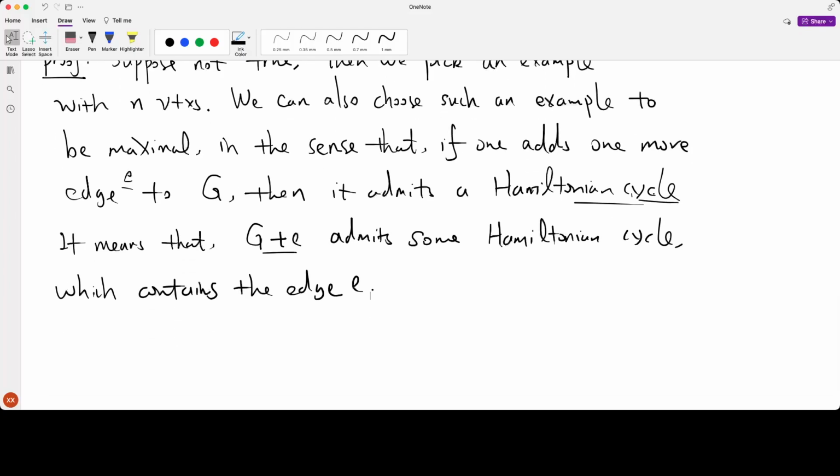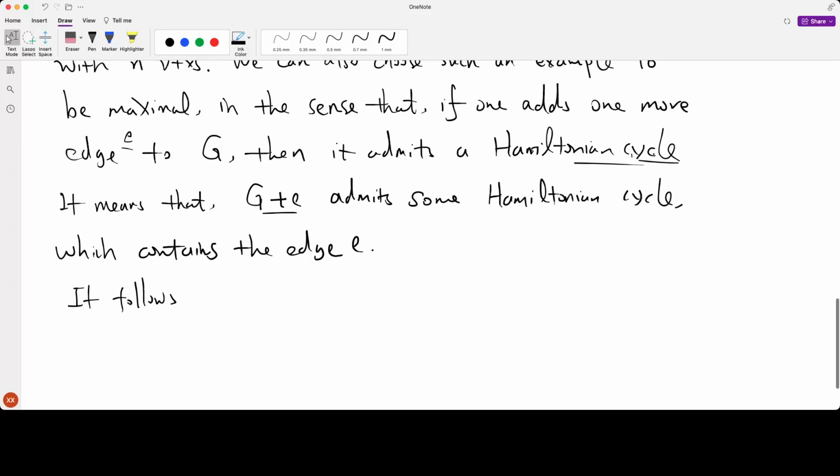So this cycle must contain the edge e. Otherwise, this cycle belongs to G itself. Okay? So then it follows, if you take e out again, it follows that in the original G, there is a Hamiltonian path.